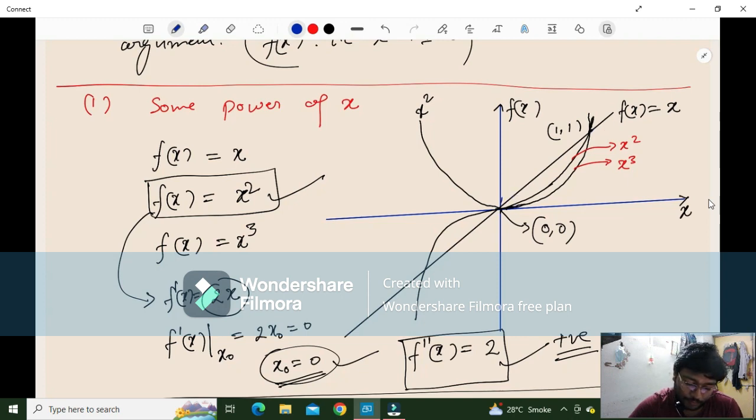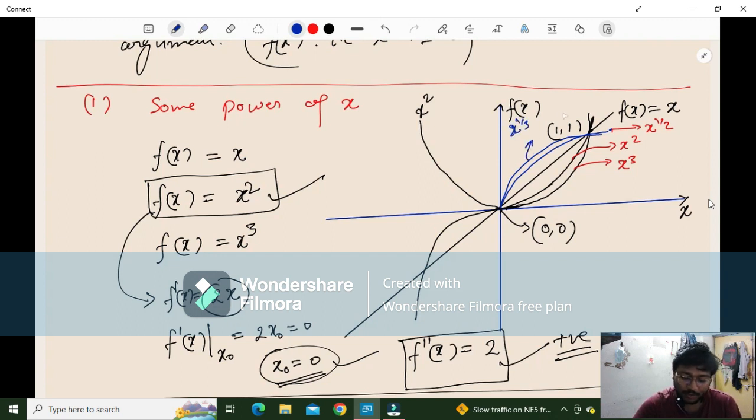So x to the power half will look like this graph. This is x to the power half. This one is x to the power 1 by 3.